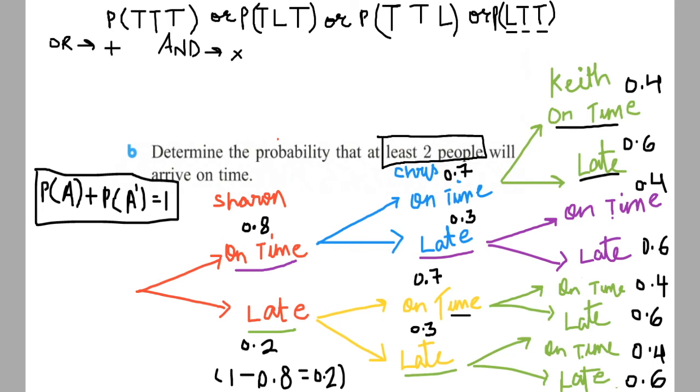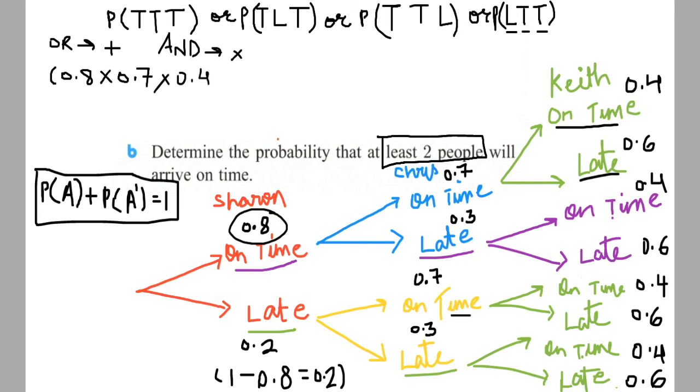In all these four scenarios, we'll have at least two people arriving on time. So I'm now going to write the expression. Sharon will be on time. Probability is 0.8 in our diagram. It is given to us. So I've written it there. And Chris is on time, which is 0.7. And Keith is also on time, which is 0.4.